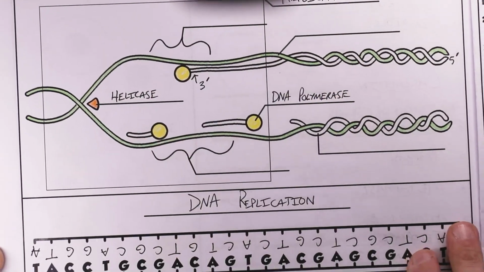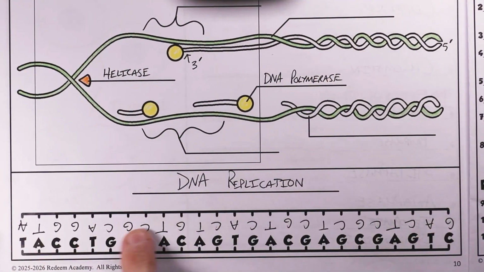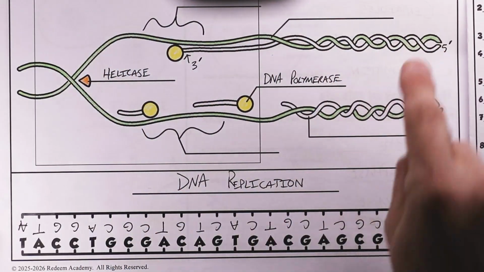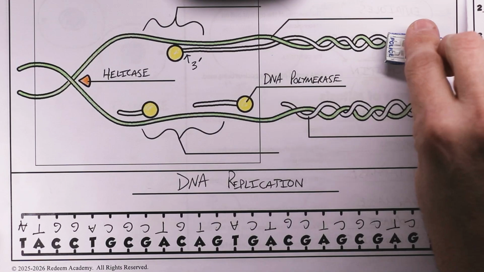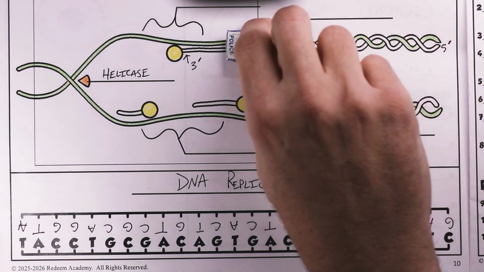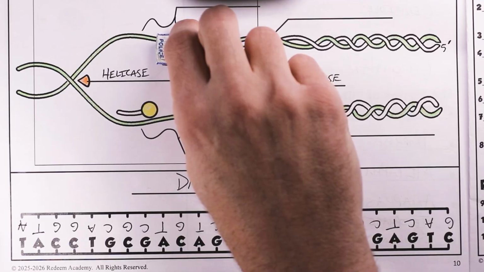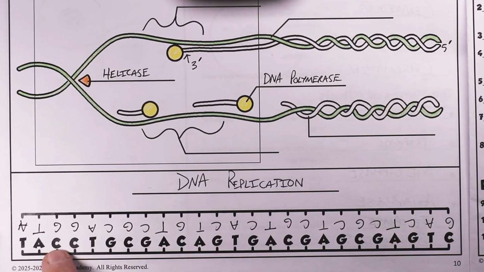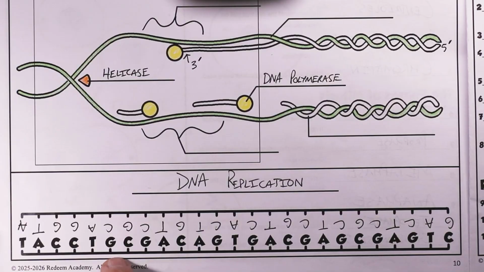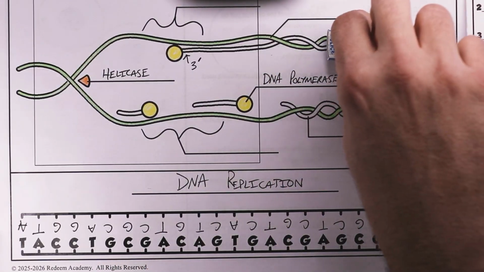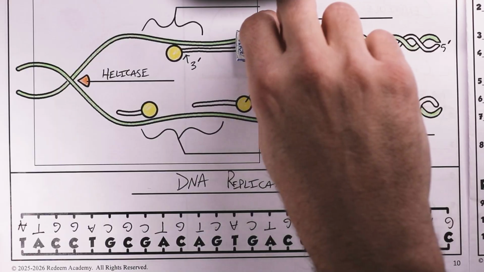So maybe this part's even hard for you to understand. All these letters, they're on the DNA. I've just zoomed out so far we can't see the letters anymore. And so what this guy's doing, DNA polymerase, is he's reading the letters of the green strand, and he's driving forward and he's laying down the next letter every time. So just like we wrote A, T, G, G, A, C, G, DNA polymerase's job is to drive down the green one and then to lay down the correct letter.